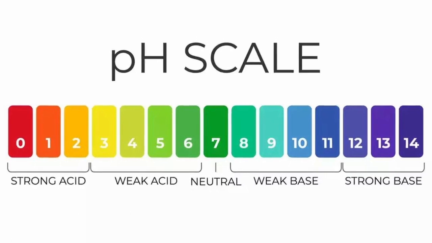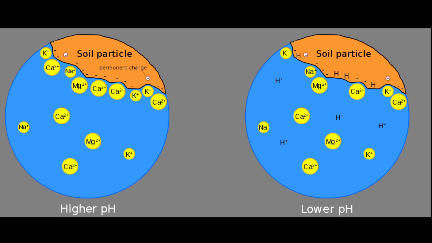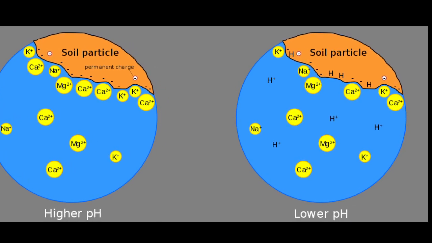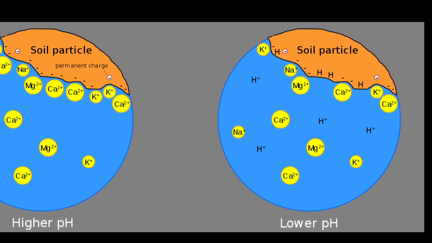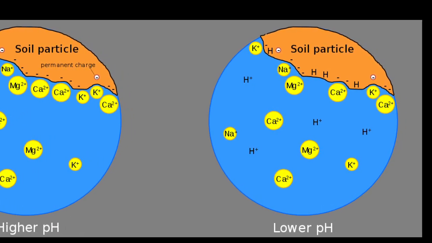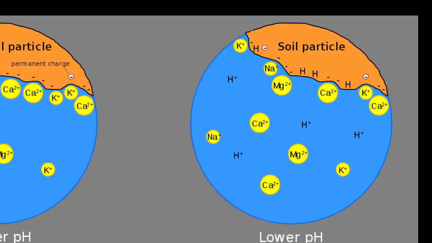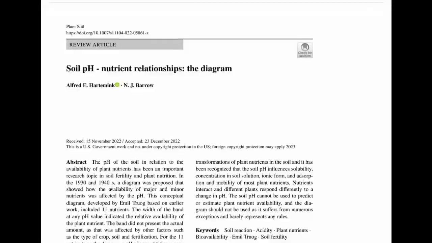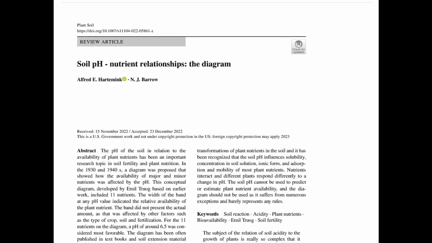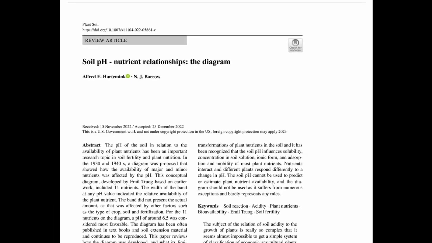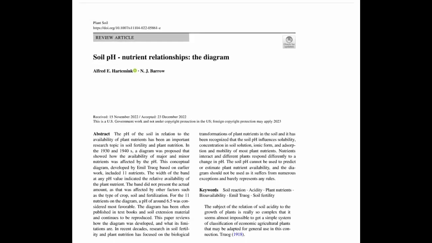The more acidic a soil is, the more H+ atoms there are, and these H+ atoms, or hydrogen ions, bind to the negatively charged soil or organic matter particles in the same way a nutrient cation would, effectively taking up some of the available space and increasing the chance of the nutrients leaching out of the soil before they can be absorbed by a plant. However, recent studies have been published that show certain types of clay particles can have a permanent negative charge on their surfaces, and their cation exchange capacity is therefore unaffected by pH.